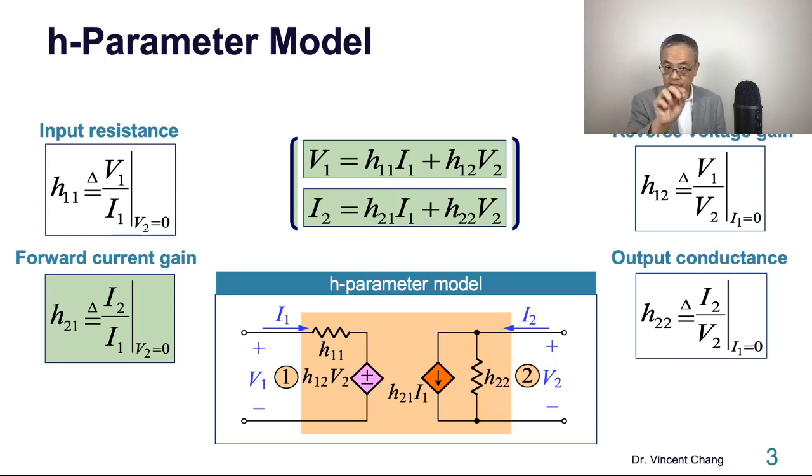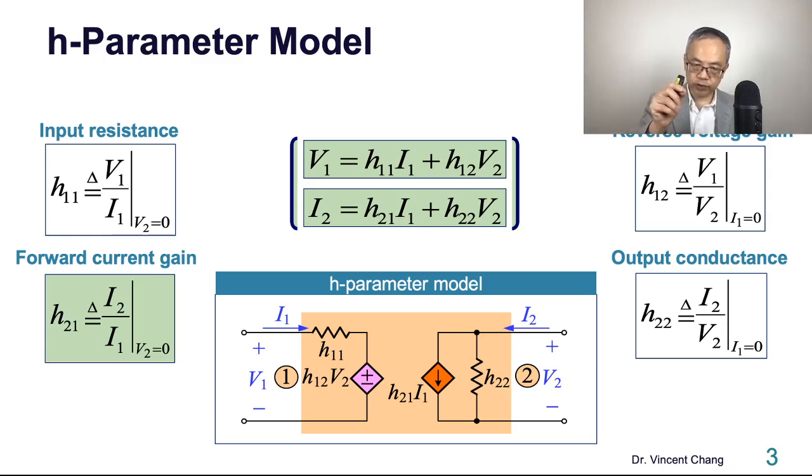So just focus on the highlight on your left-hand side, which says H21 is I2 over I1. Look at the model. I2 is the output current, and I1 is the input current. So output current divided by input current is supposed to be a current gain. But under what condition?